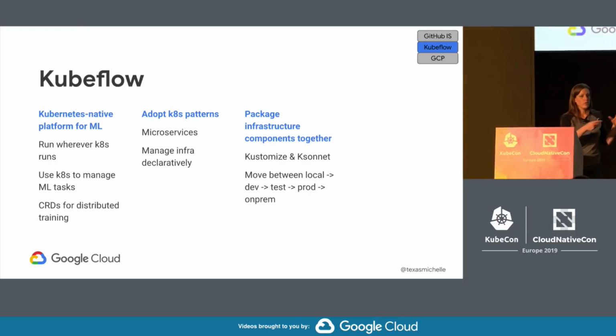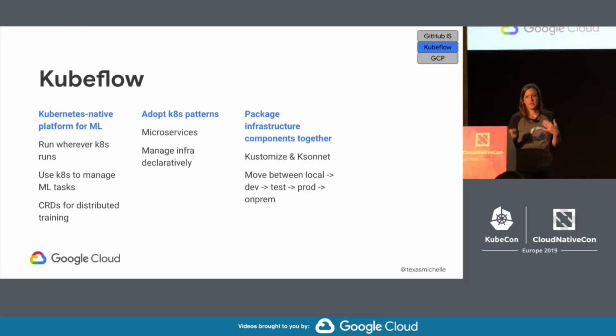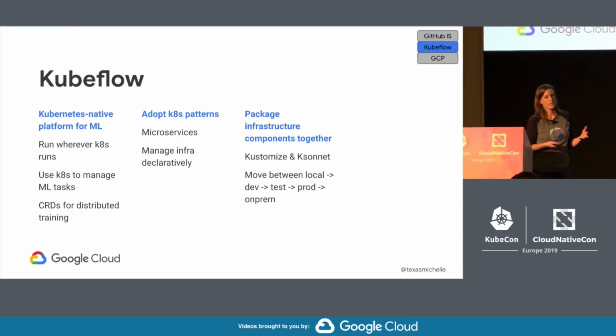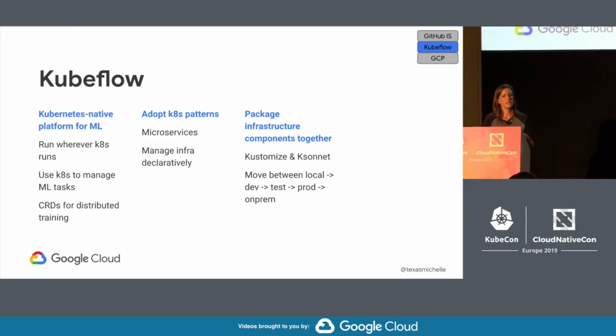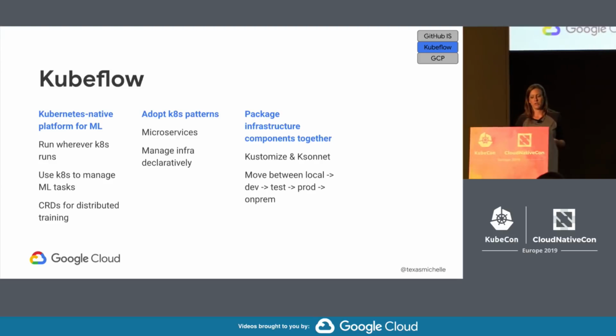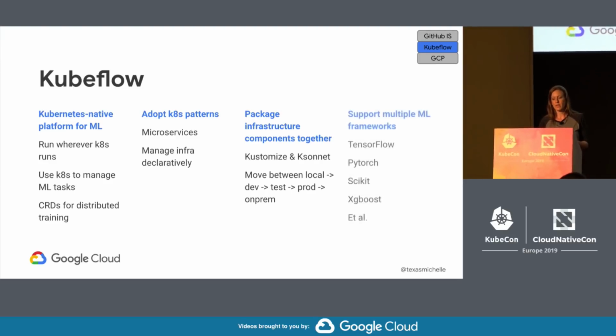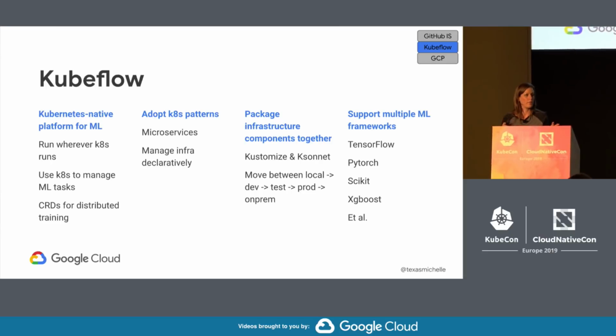So the way we move things from one environment to another, we use a templating language. It started out with ksonnet, and we're now moving to Kustomize. And these are essentially templating languages for Kubernetes. And we have support for multiple machine learning frameworks. TensorFlow and PyTorch have their own operators, but we support any Python machine learning framework.